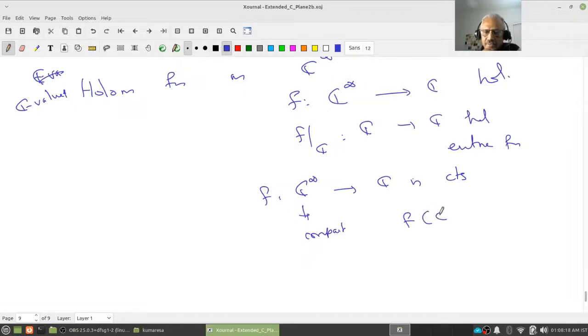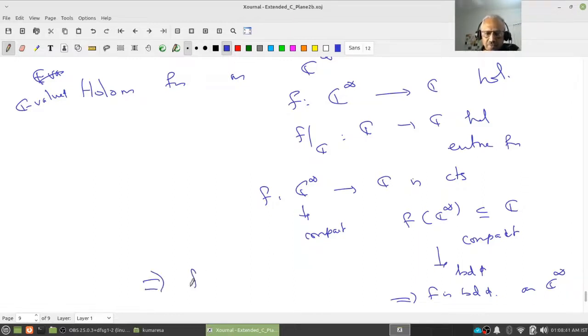Therefore f of C infinity is a compact set. That means this is bounded. That means f is bounded on C infinity, and hence f is bounded on C, but it's an entire function. Therefore what do I conclude? f is a constant.